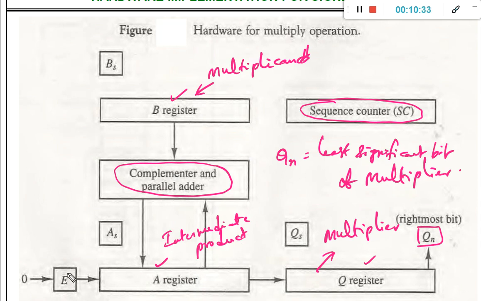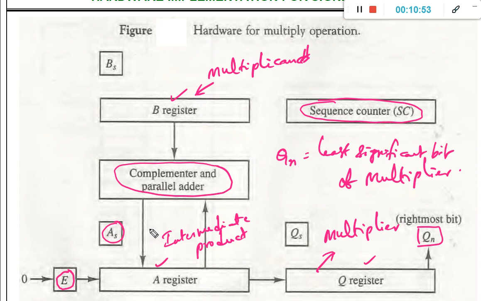And we need an expansion bit. Whenever, after adding, there is a carry out, we need the expansion bit to store the carry out. Similarly, we need the sign bit for the result, AS.